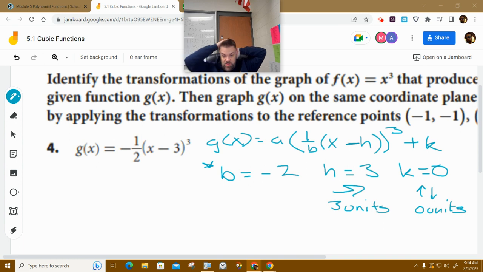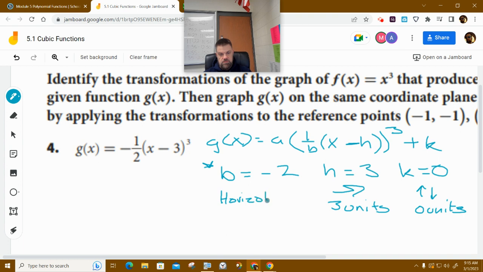Yeah, so that's yes. So this is an interesting thing, and the publisher of the textbook is really kind of funny. So there's two ways to look at this. If I think of it as horizontal, it would expand it.